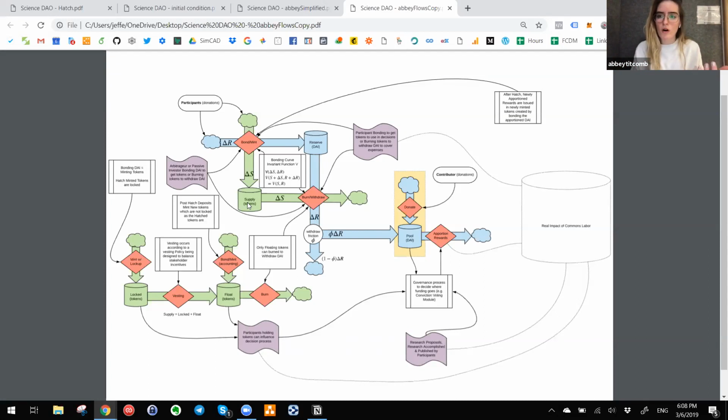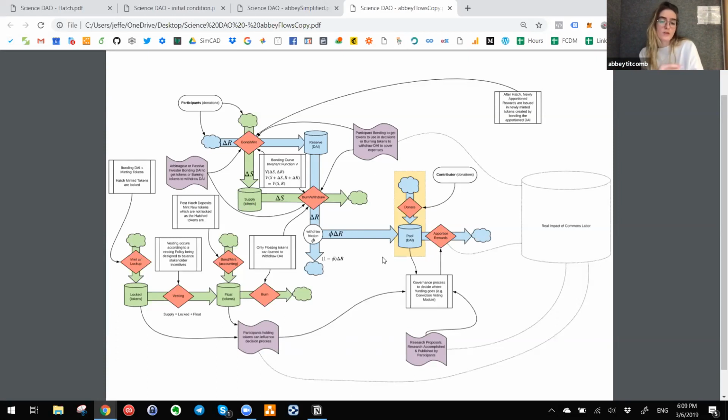So that's a typical bonding curve, but what's augmented about it is that the whole system is attached to a floating funding pool of actual non-bonded DAI that can be used and allocated as capital within a commons. The whole point of a commons is to fund and allocate capital to labor that positively impacts the commons.